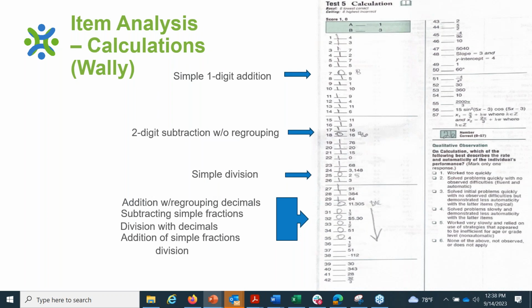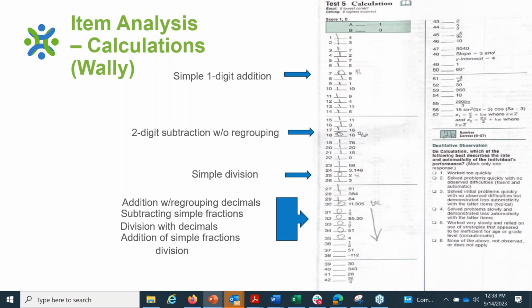He had trouble with simple 1-digit addition, and 2-digit subtraction without regrouping was an issue. Then he had some difficulty with addition with regrouping, decimals, subtracting and adding simple fractions were areas of concern. And then he struggled with division with decimals.